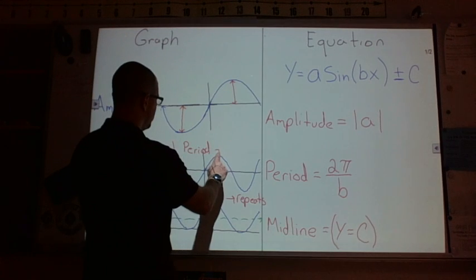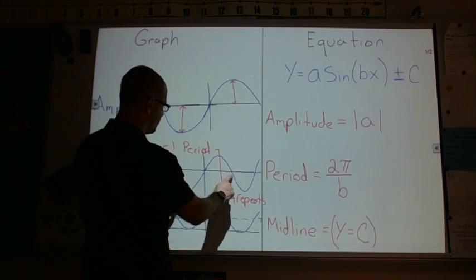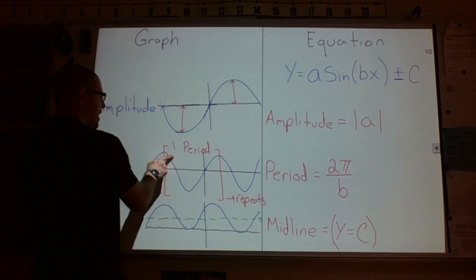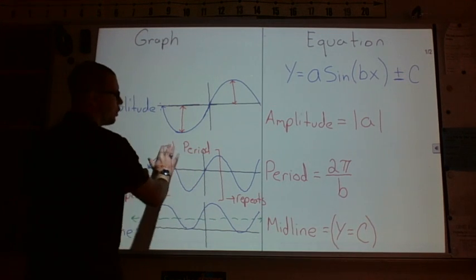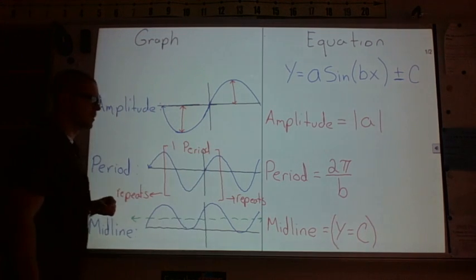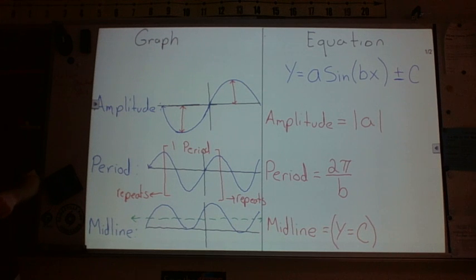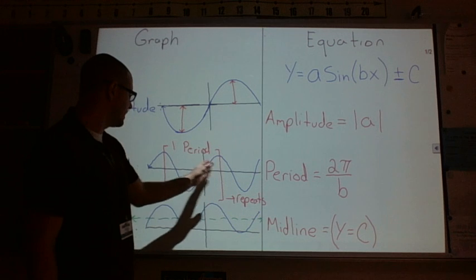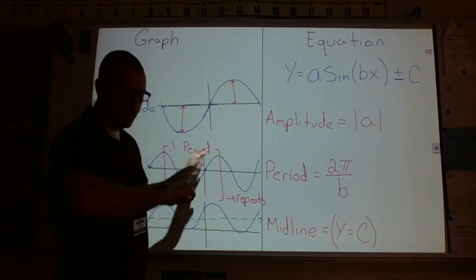So if we were here, as I move to the right, that pattern's just repeating. If I move to the left, that pattern would be repeating. So we call that the period, or the period of repetition, if you want its full name. And it's just how long does it take until that graph starts to repeat itself.